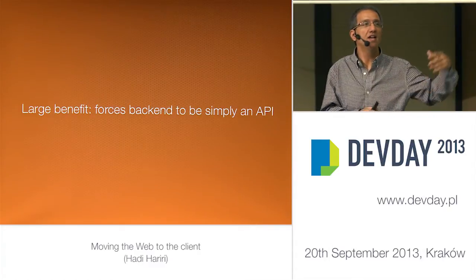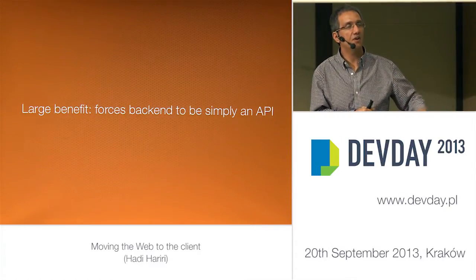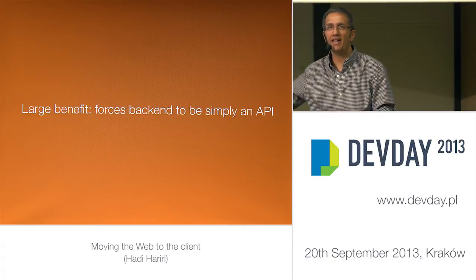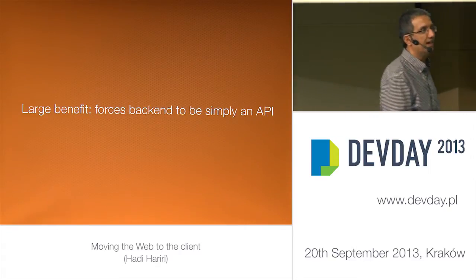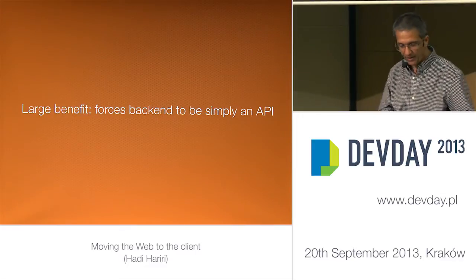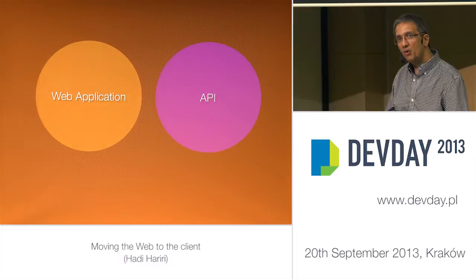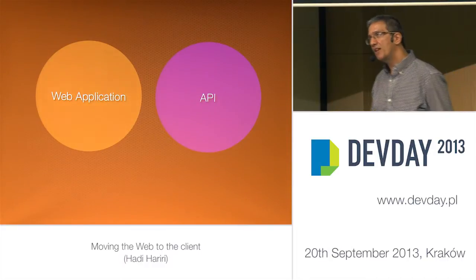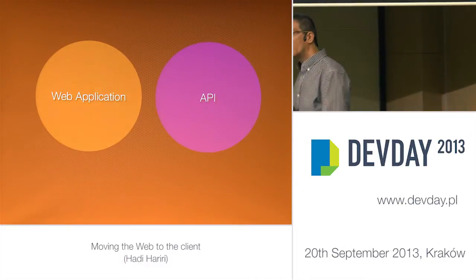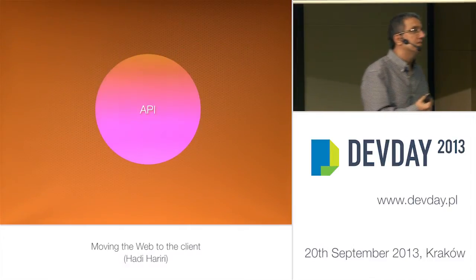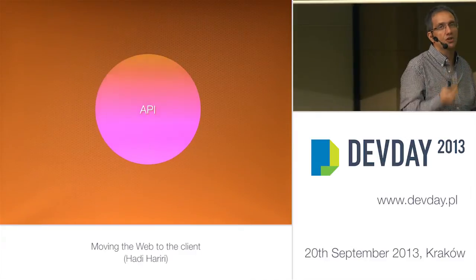And you can combine front-end client-side frameworks to provide a very rich user experience and keep the backend to simply processing and data storage. So, as I said, there is no difference between a web application and an API. In my world, or as I like to view it, it's the same thing. Your web application is your API.